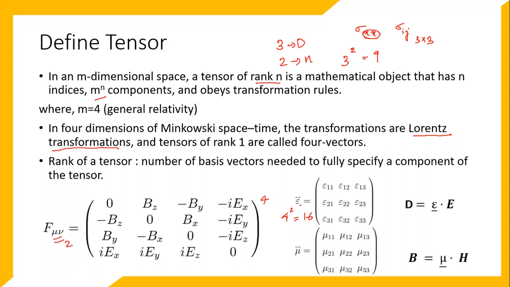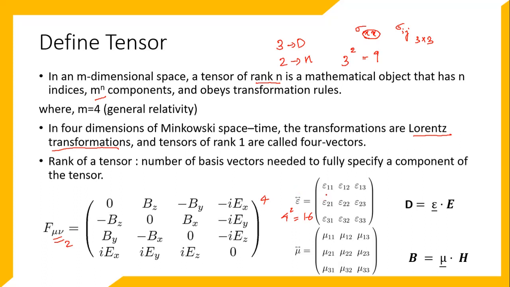We will also be introduced to different tensors such as the permittivity and permeability tensors. We know that permittivity and permeability are scalars in the case of an isotropic medium. We have definite values for these.